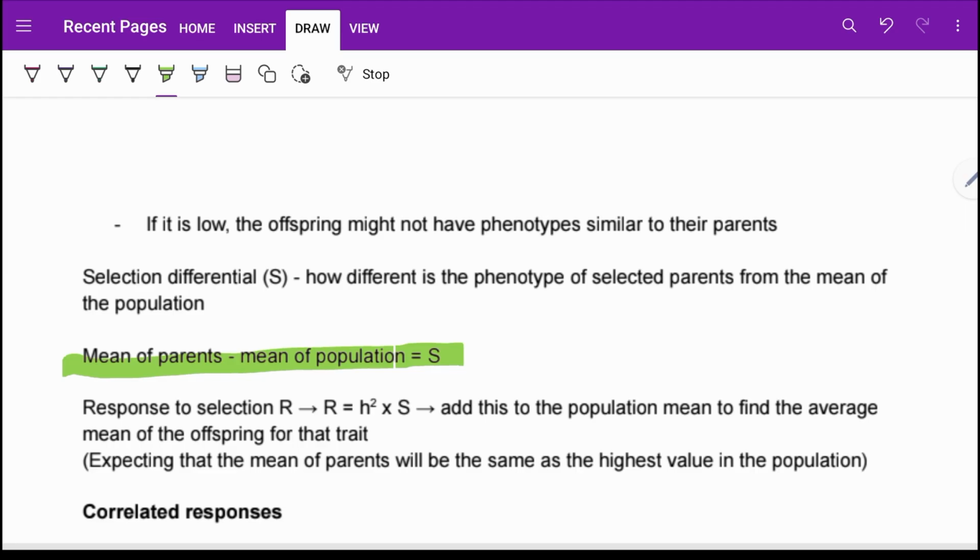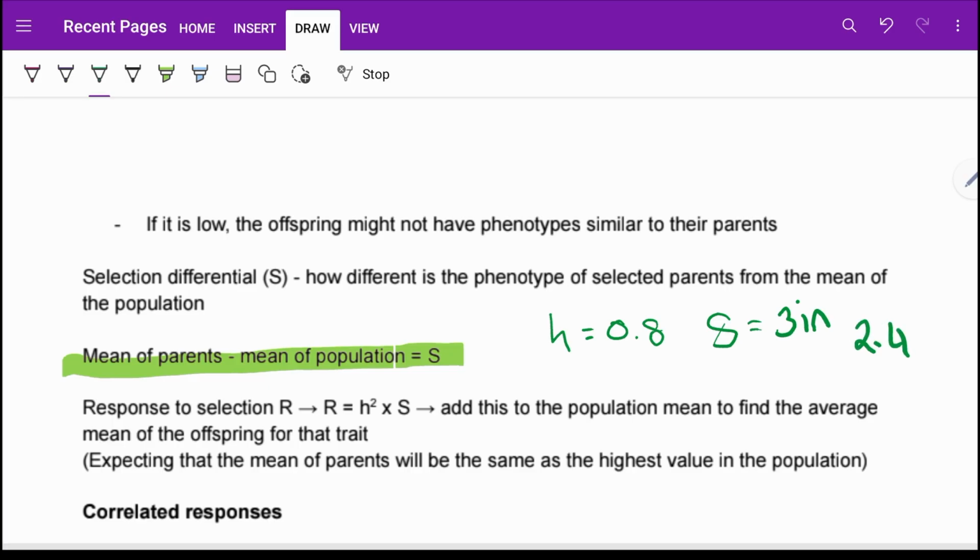So if we are looking at, again, corn, the size of the corn ears, and we have a high narrow sense heritability, say h squared equals 0.8, that's pretty high. And then we have our S. So let's say the parents are 3 inches larger than normal. If we multiply these, 0.8 times 3, we get 2.4.